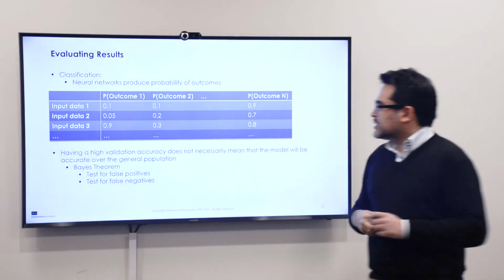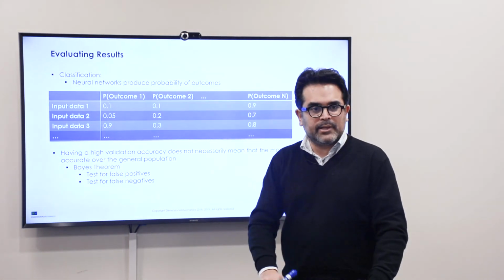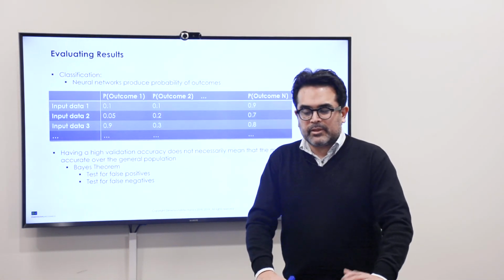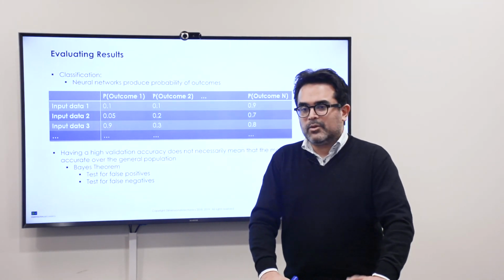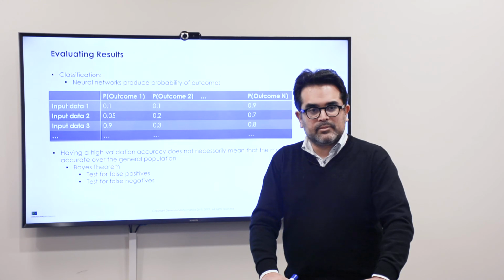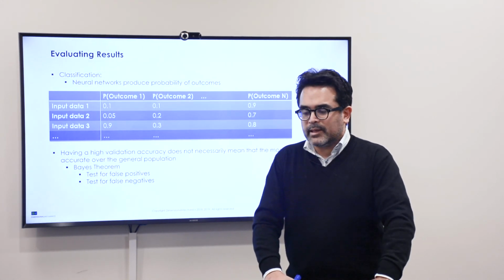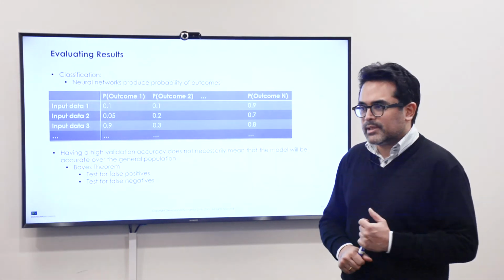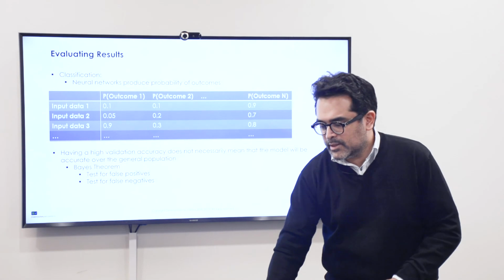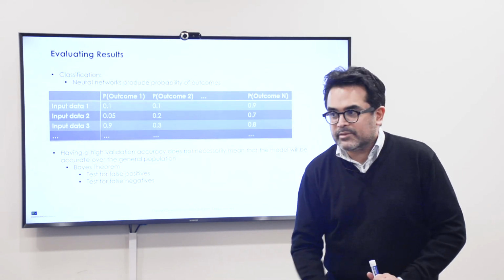The reason is very simple: in this case it can belong to more than one category. There are cases where you can say it can only belong to one category, and there are cases where it can belong to multiple categories. Depending upon that, your loss function should also represent that. And finally, also look at false positives and false negatives.